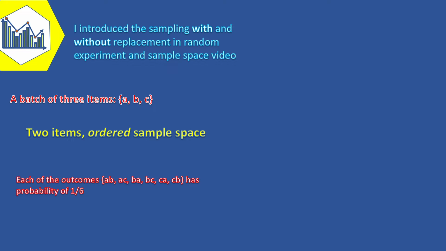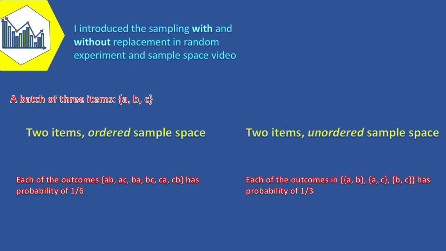If the unordered sample is used, each of the 3 outcomes, A and B, A and C and B and C has the probability of 1/3.